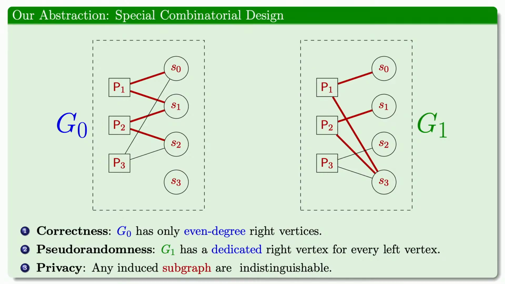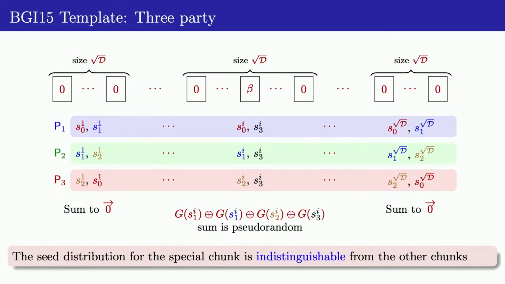The second property is called the pseudo-randomness property. For G1, the special way of distributing the seed, we want each party to have a dedicated seed which only goes to that party and doesn't go to any other party. By distributing the seed using G1, you can ensure that the correction string we get is pseudo-random, no matter which n-1 parties you corrupt.